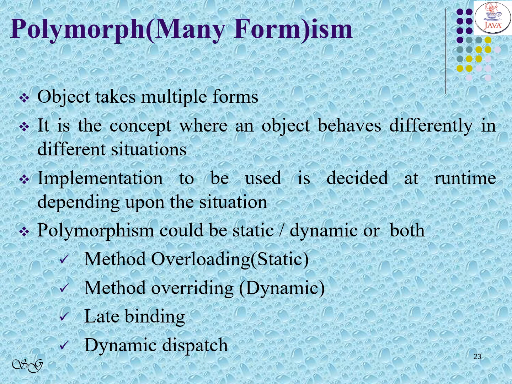It is the most important feature of object-oriented programming. It is a concept where an object behaves differently in different situations. The implementation to be used is decided at runtime depending upon the situation.